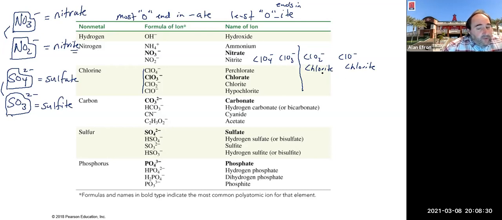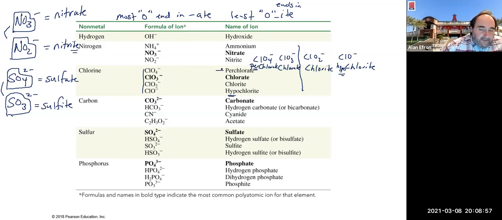So when we have a group of 4 that are related to each other, the one with the least number of oxygens will start with hypo. So that is hypochlorite. The ones on the left-hand side have the most oxygen, so that would be chlorate. This one would be chlorate as well, but we cannot have the same name, so the one with the most becomes perchlorate.